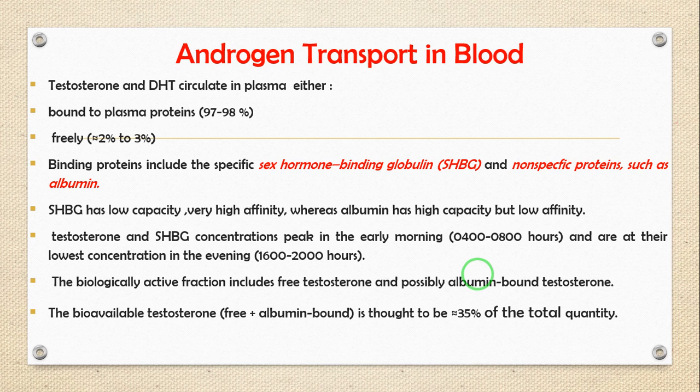What is the impact of binding between the androgen and sex hormone binding globulin? Any factor that affects the concentration of the sex hormone binding globulin will affect the level of testosterone in the circulation.